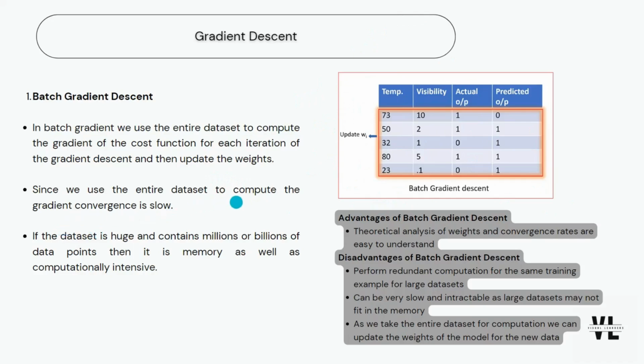Since we use the entire data set to compute the gradient, convergence is slow. Since we are using the entire data set, it's going to be very, very slow in adjusting the weights. And if the data set is huge and contains millions or billions of data points, then it is memory as well as computationally intensive.